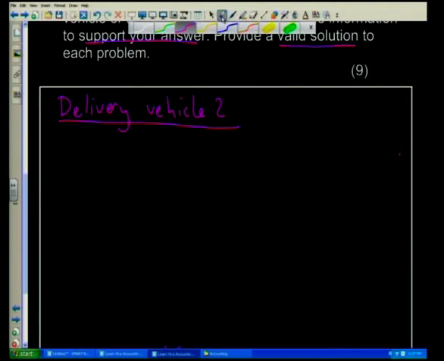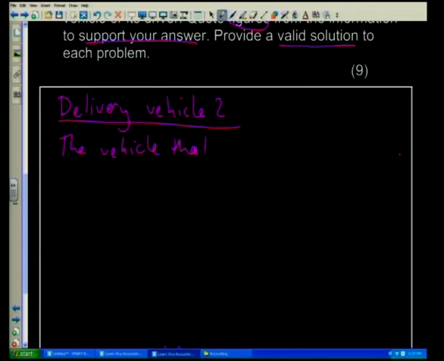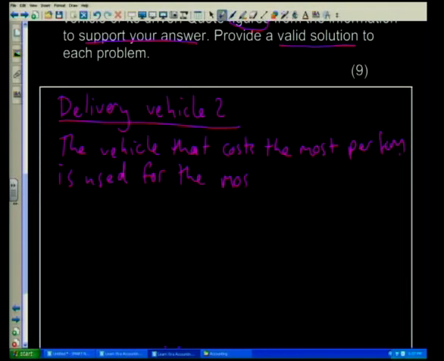The problem would be the vehicle that costs the most in deliveries, or that costs the most per kilometre, is used for the most deliveries. And because we are asked to quote a figure, we could put in brackets that it's 8 per day.